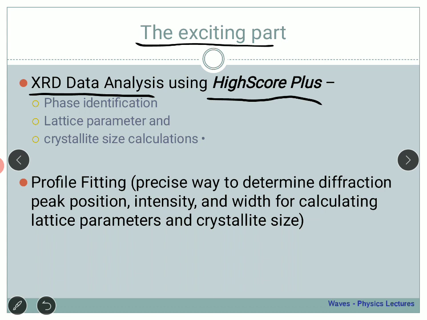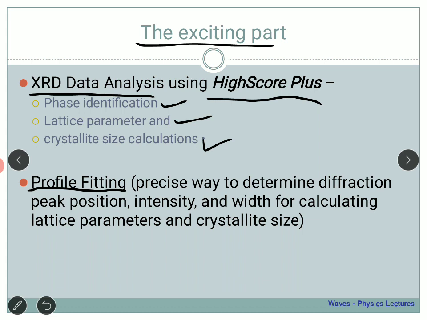But using this software and using the data, you can actually find out the phase. You can identify the phase. So that's phase identification. You can also know the lattice parameter. I hope all of you remember lattice parameter from your solid state physics. We usually denote it by a, b, and c, and of course the crystallite size calculation. Okay. There is one more thing that we can do using this software, called profile fitting.